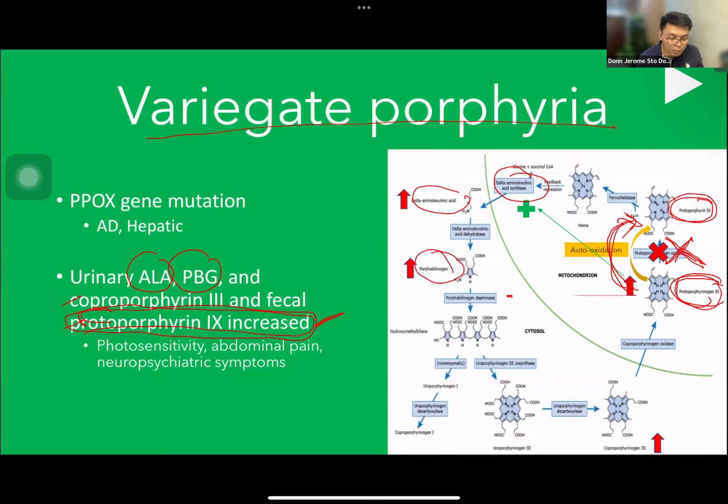But at the same time, protoporphyrinogen inhibits another enzyme, your porphobilinogen deaminase. So the end effect will be elevation of ALA and PBG, and at the same time, increasing your porphyrins. So the manifestation is both neurovisceral and cutaneous.